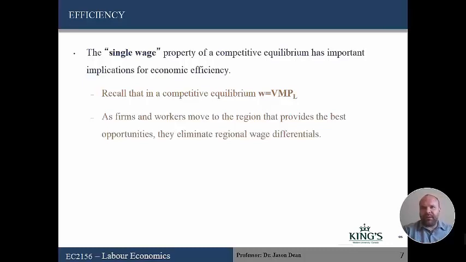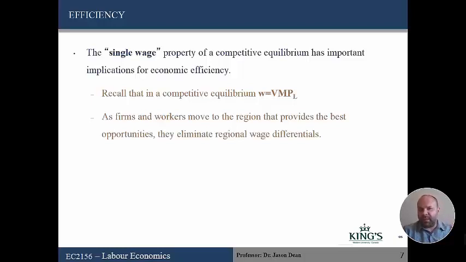If you were to think about, say, a benevolent social planner who could do whatever they wanted, and let's assume that they're interested in maximizing the overall surplus, well, clearly they would take workers from the southern labor market where the marginal product of labor is low and put them into the other market where the marginal product of labor is high. And so then you get a higher output.